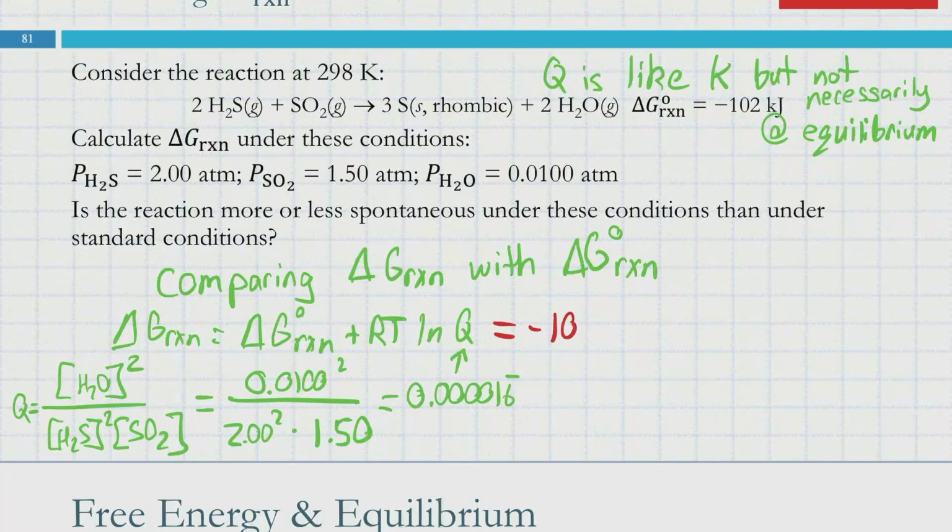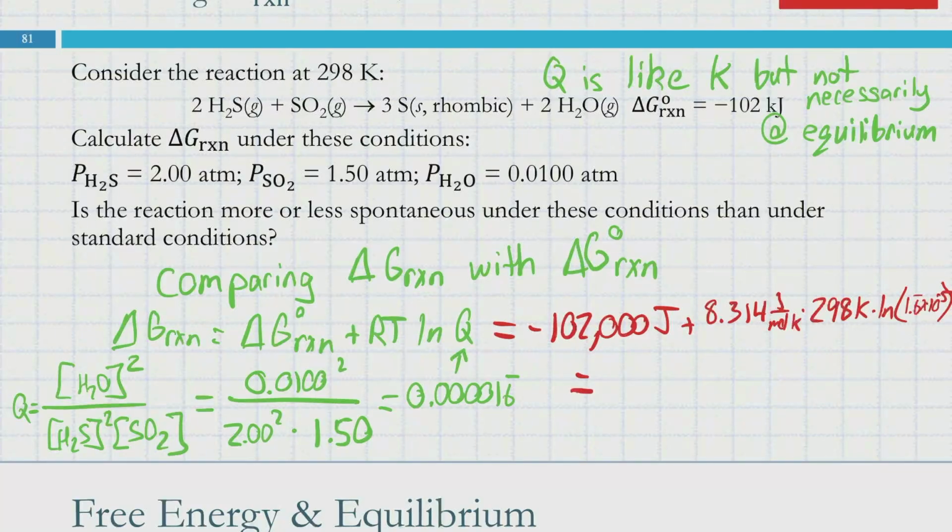So we've got negative 102,000 joules plus R, with joules per mole Kelvin, and 298 K, and the natural log of 1.6 repeating times 10 to the minus 5. So our delta G of the reaction, let's plug it all in.